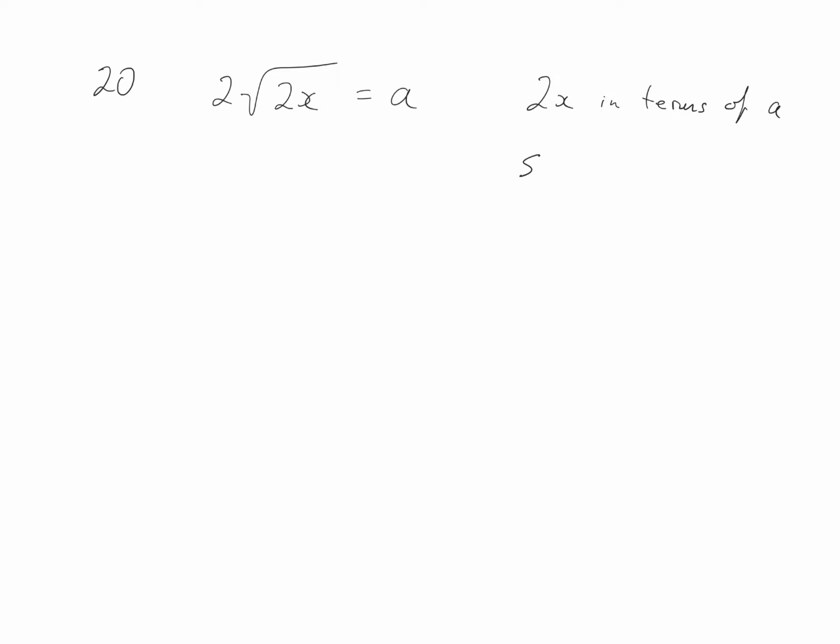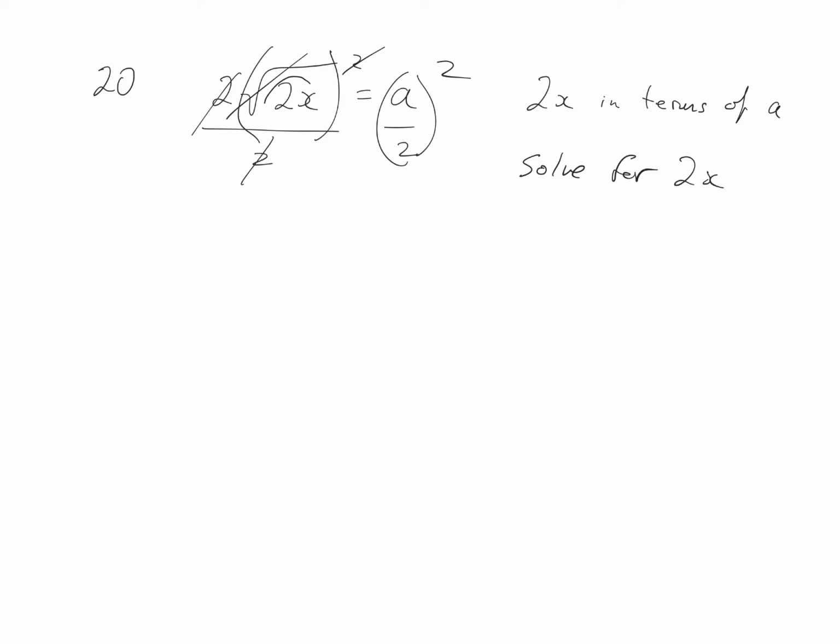It just means solve for 2x. That's all. And so to solve for 2x, we divide both sides by 2, and then we square both sides, and the squared and the square root cancel each other out, so we're just left with 2x, and that's what we want to solve for.